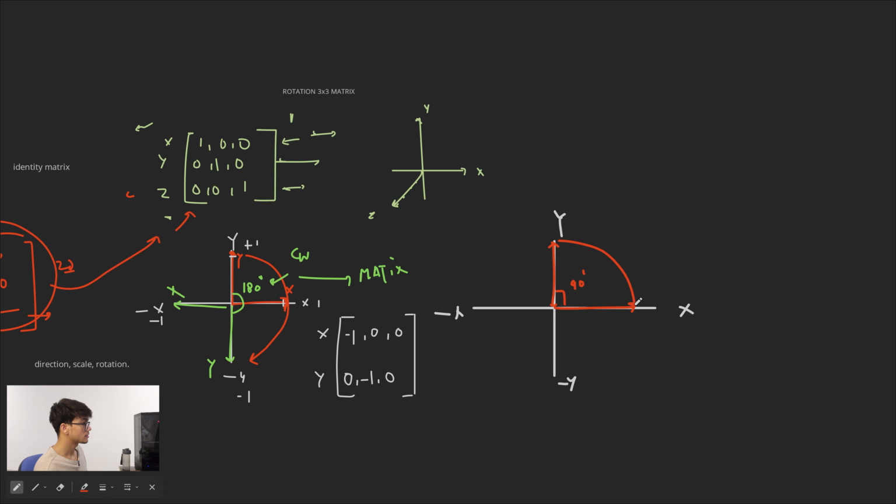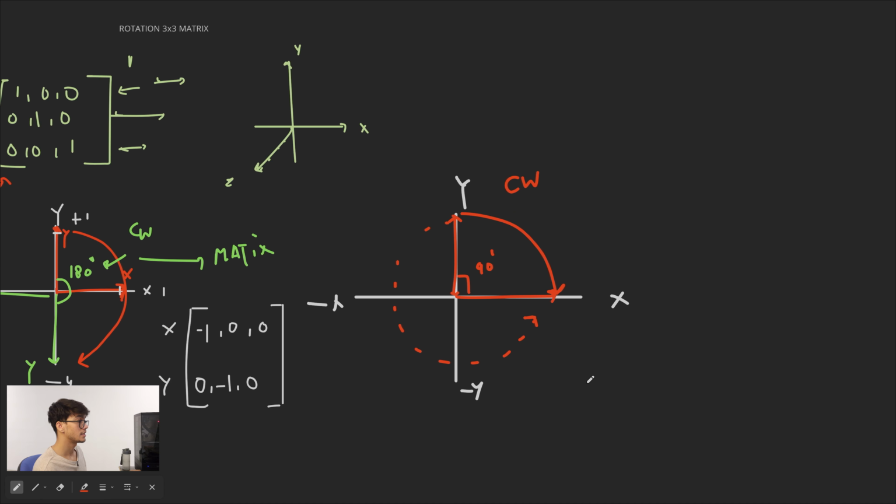So this vector is coming here and this is a clockwise direction. We can also reach here by moving anti-clockwise, and I will talk about this later, but first let's understand this. We have this. Now y is facing the positive x direction and this positive x is facing the minus y direction.